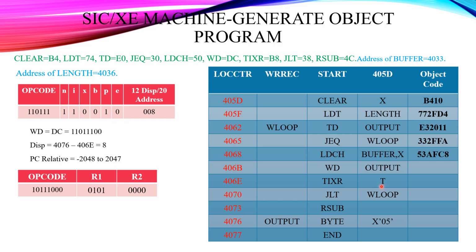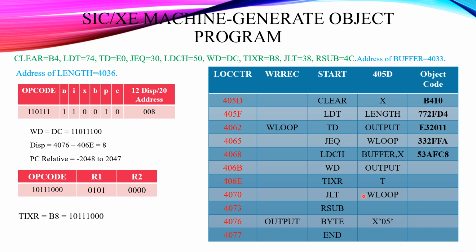And the next instruction is TIXR. It is a format 2. TIXR is given as B8. We need to write it in binary form. It is 8 bits, so we can write all the 8 bits here: 10111000.